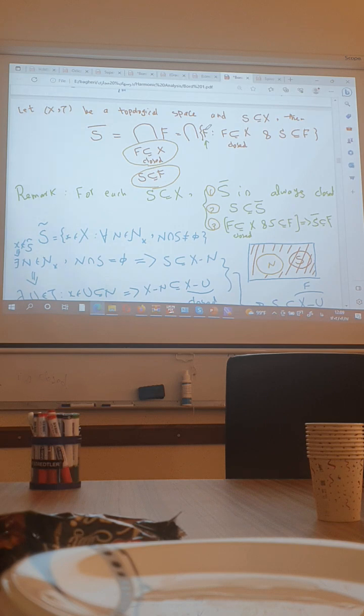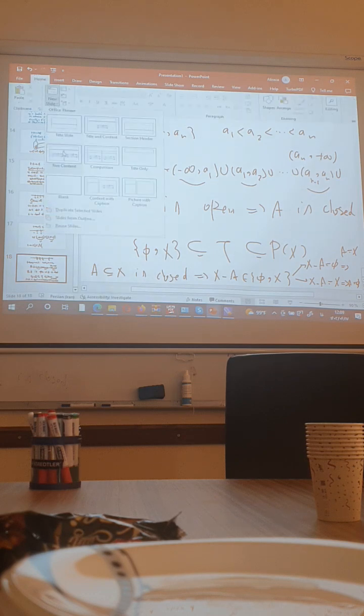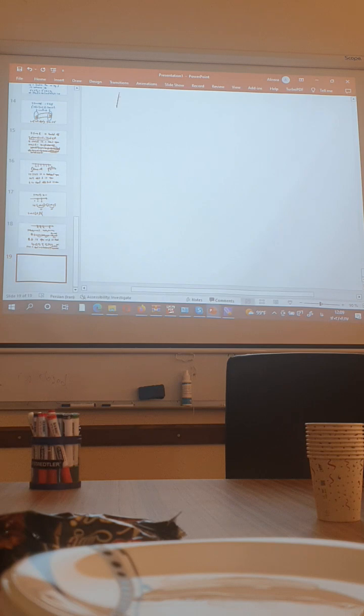For example, for two sets, this intersection is a subset of A1 and is a subset of A2, okay? And for any family, this intersection is a subset of A alpha for any alpha, okay?